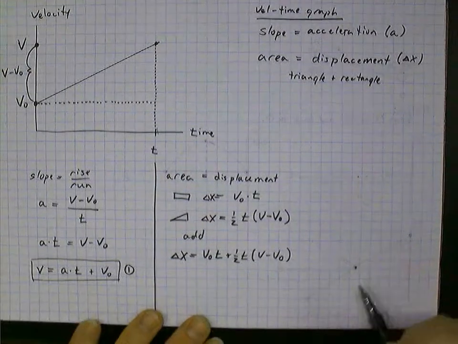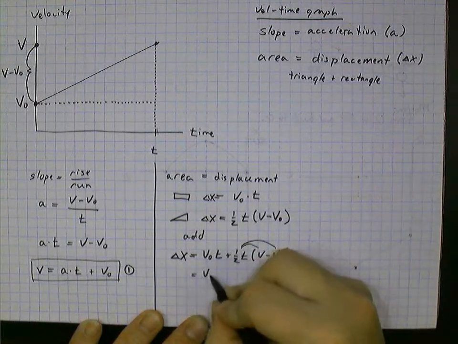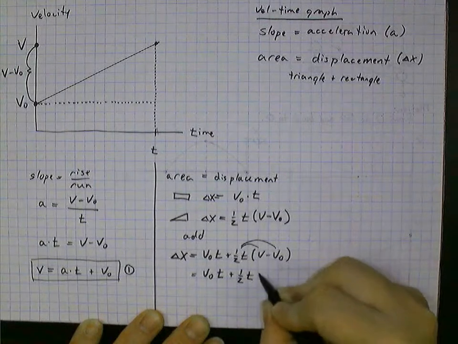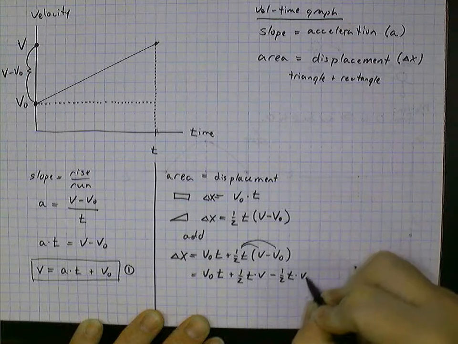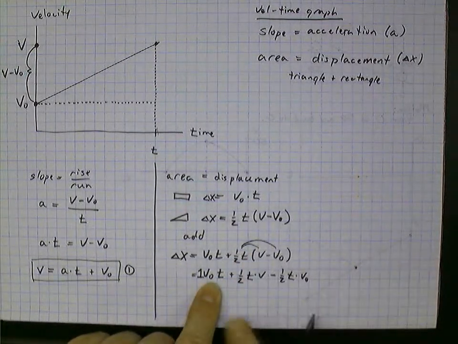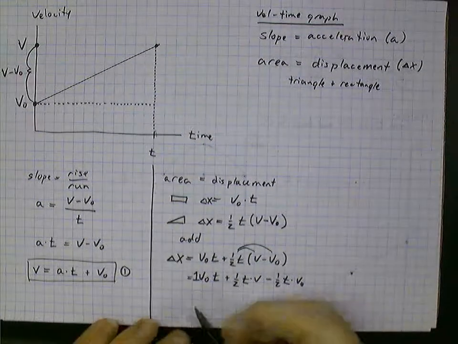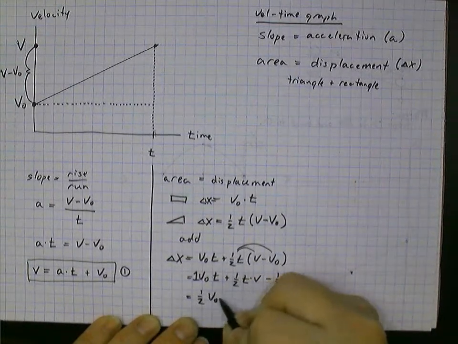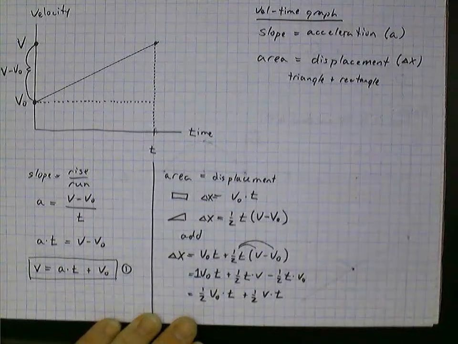We can simplify this just a little bit by using the distributive law and getting v initial times time plus 1/2 t times v minus 1/2 t times v initial. Here I have a 1 v initial times time, and here I have a 1/2 v initial times time that I'm subtracting, and so the result of that is 1/2 of v initial times time plus 1/2 of v times time.